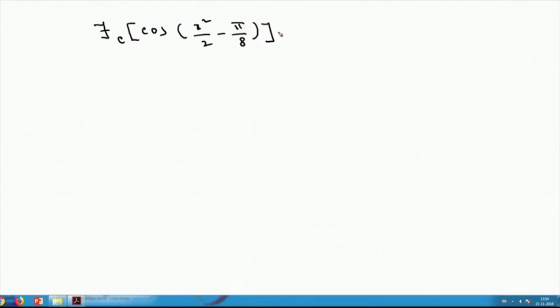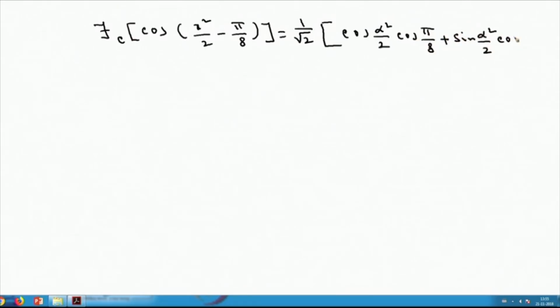This equals 1 by root 2 into cos of alpha square by 2 into cos of pi by 8 plus sine of alpha square by 2 into cos of pi by 8 plus I will obtain cos of alpha square by 2 into sine pi by 8 minus sine of alpha square by 2 into sine pi by 8.